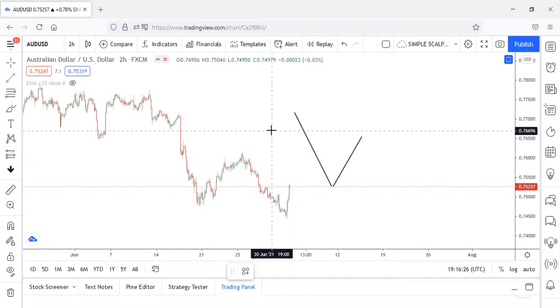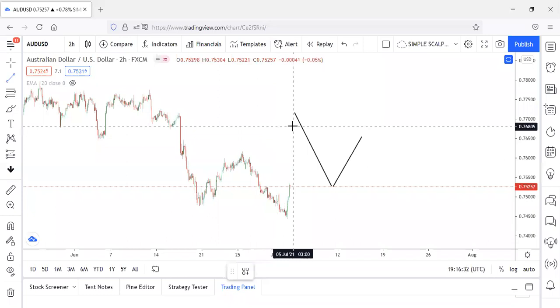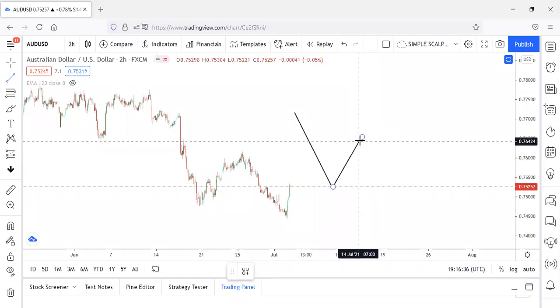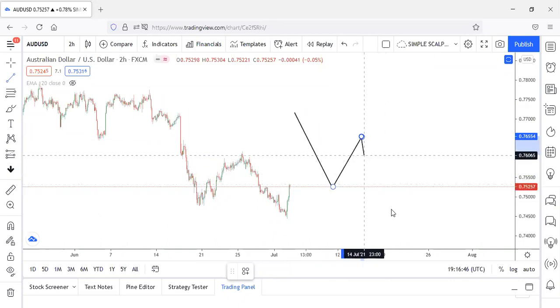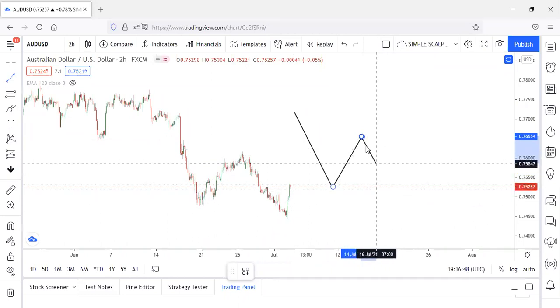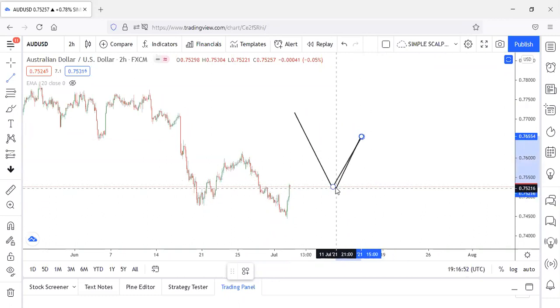So how can we recognize a break of structure and the area where we have to go in for a sell? To recognize the break of structure, you want to see this level being taken out. What do I mean by that? You want to see this level being broken with another move. This move right here must come down and break this level.